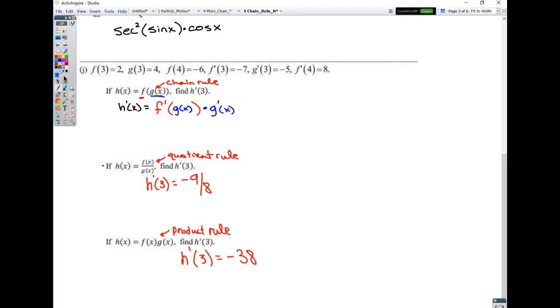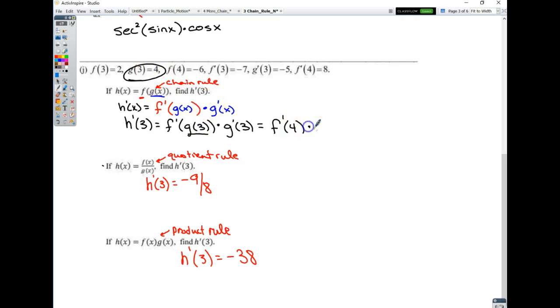So if I'm looking for h prime of 3, I really have the f prime of the g of 3 times the g prime of 3. Well, let's simplify this. G of 3 is over here, 4. So now this becomes f prime of 4. G of 3 has a value.